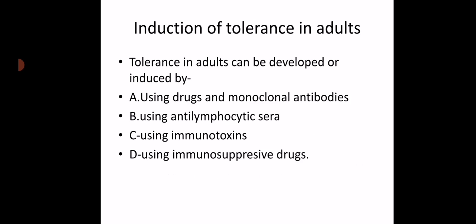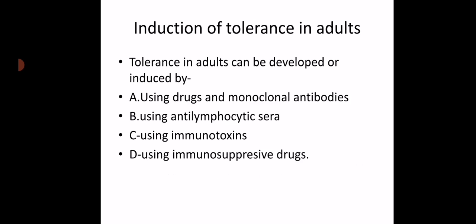By using certain drugs, you can develop tolerance. Immunosuppressive drugs you can use, which can reduce immunity, which can suppress immune response. And anti-lymphocytic sera. Anti-lymphocytic sera means what? The serum containing antibodies against the lymphocytes. So these sera can be used in the person to develop tolerance. And certain immunotoxins are also used to develop tolerance.